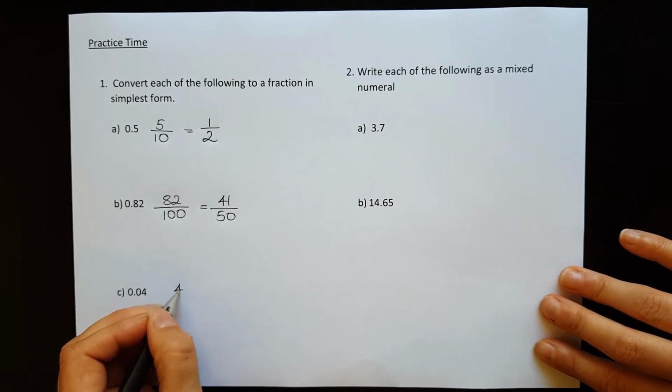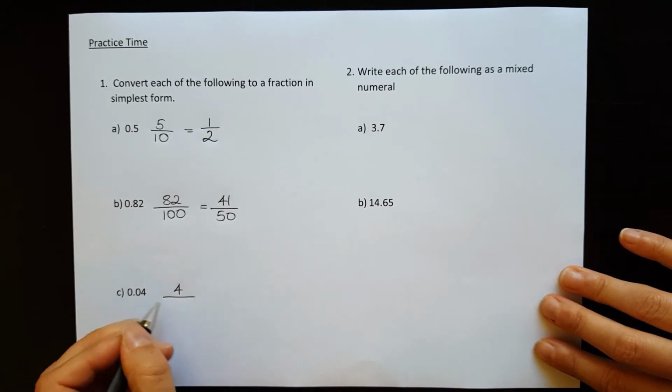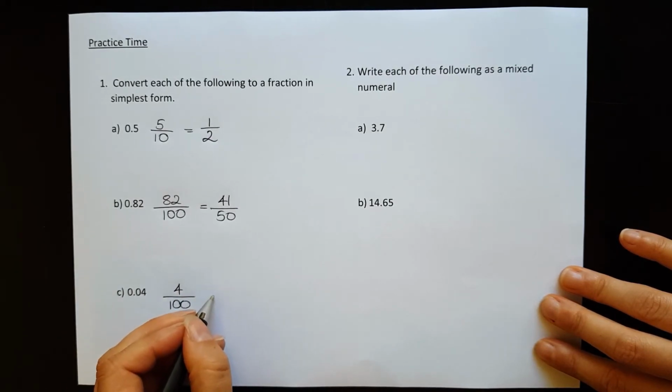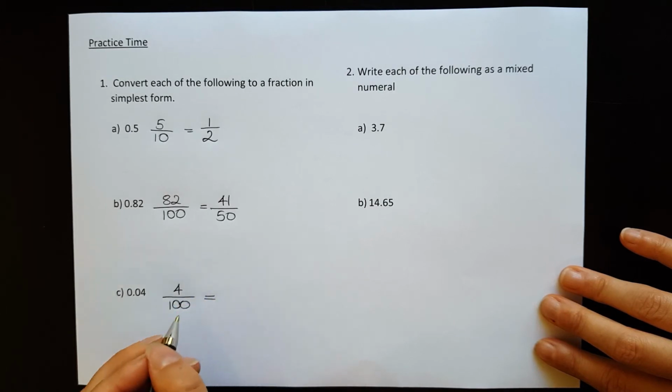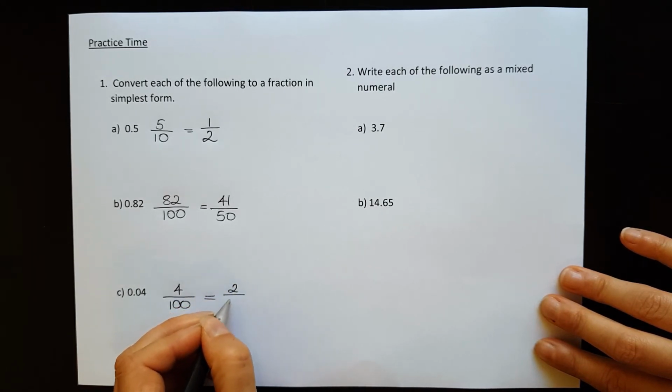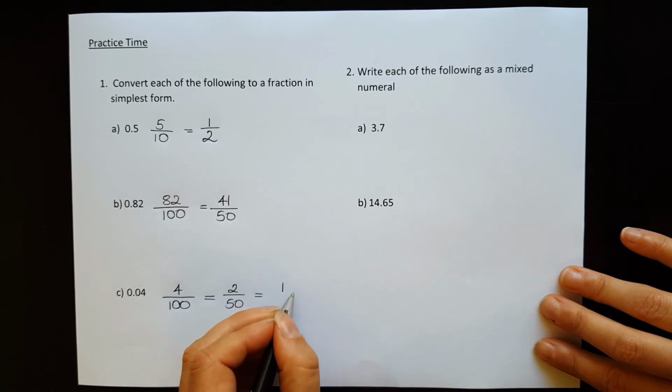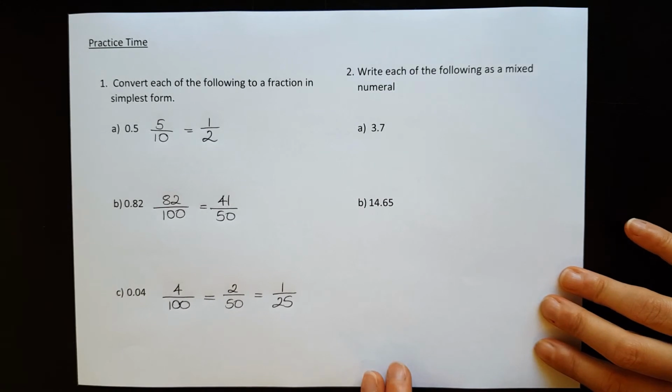C, 4 is on the top, over, we have 2 decimal places, so that's over 100. Dividing by 2, top and bottom, we would get 2 over 50, or we could divide that again and get 1 over 25 as the best answer.